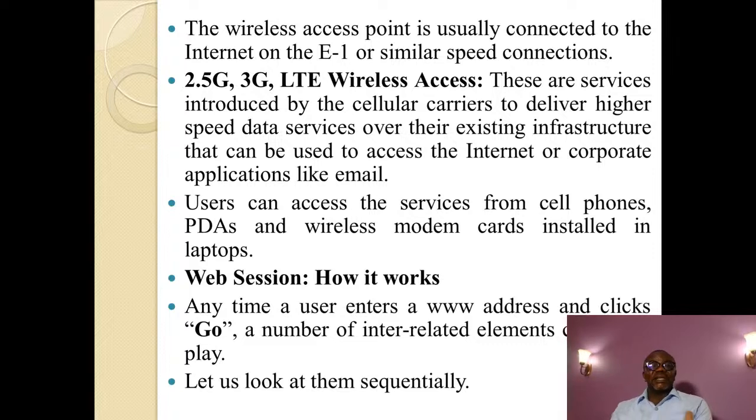These are services introduced by the cellular carriers to deliver higher speed data services over their existing infrastructure that can be used to access the internet or corporate applications like email. Users can access the services from their cell phones, their personal digital assistants, and wireless modem cards installed in laptops.